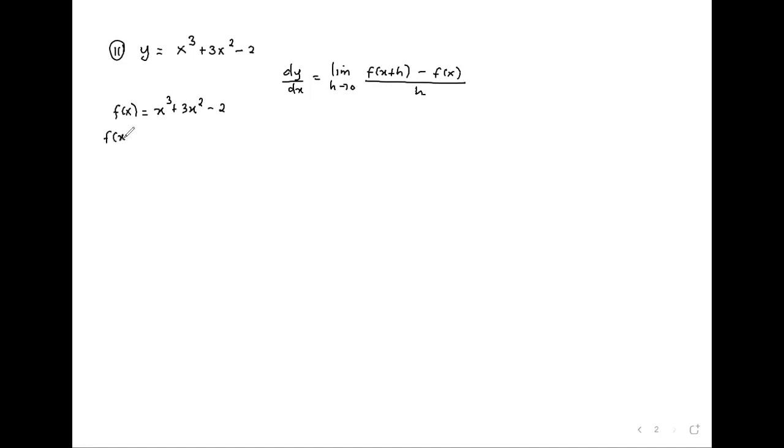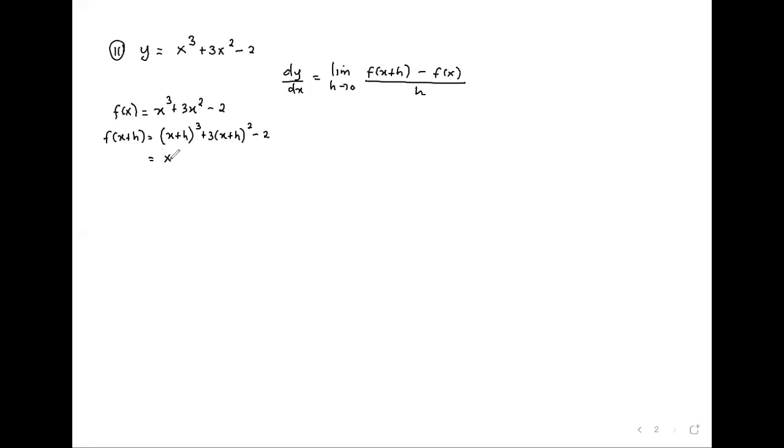Then f of x plus h is going to be x plus h power 3 plus 3 times x plus h squared minus 2.